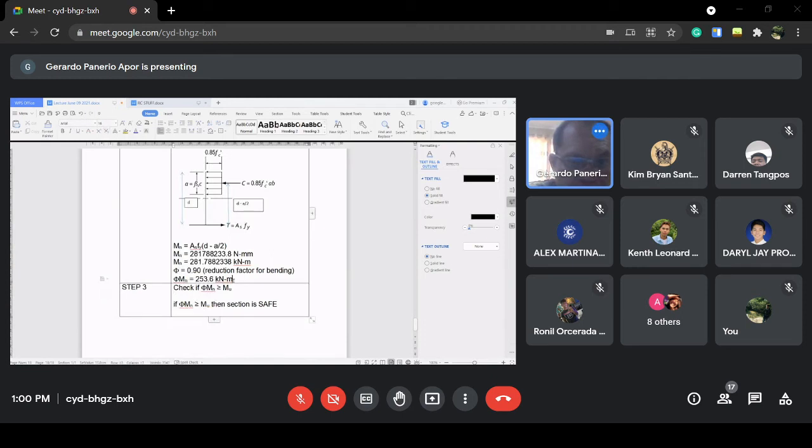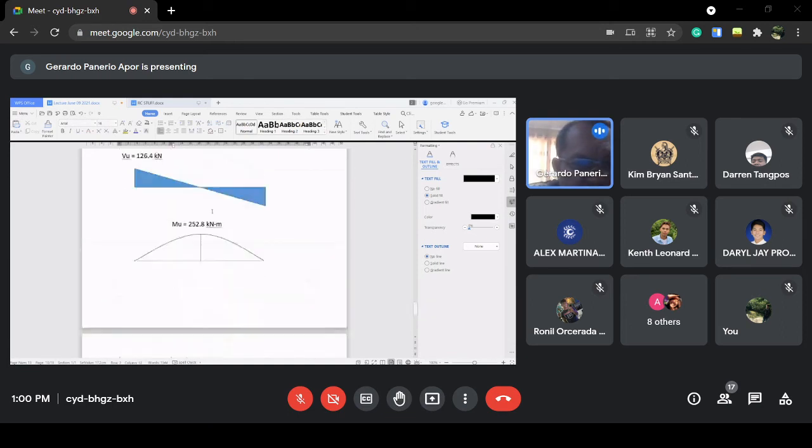We check if the 253.6 is greater than Mu. Mu is determined in the analysis, 252.